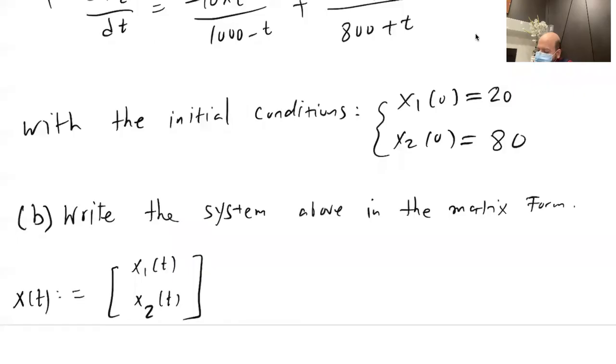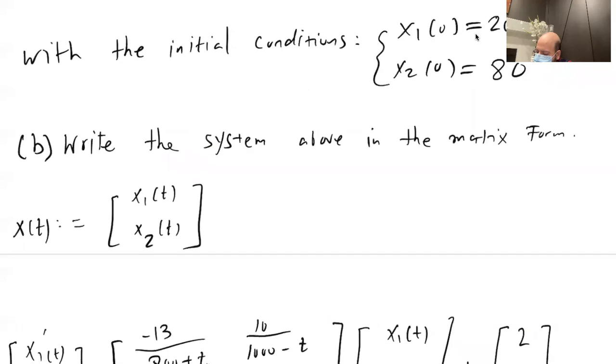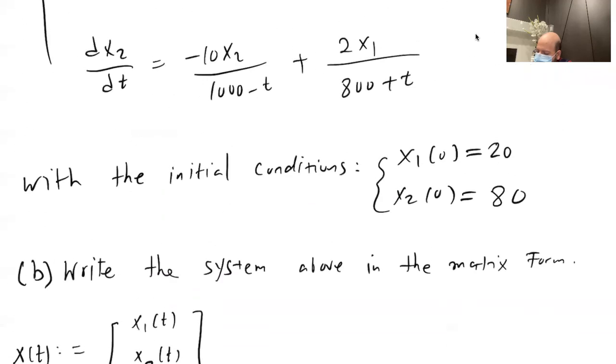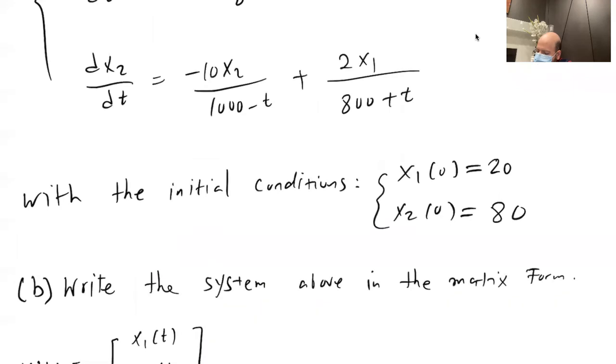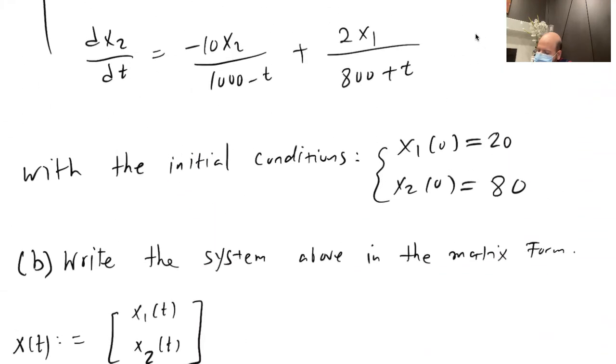Okay, before providing the answer for this part, I think I made a mistake in writing my matrix here, because this is minus 10x2 over 1000 minus t, and this is plus 2x1 over 800 plus t. So the second row of the matrix, the first entry will be 2 over 800 plus t because that's the coefficient of x1.